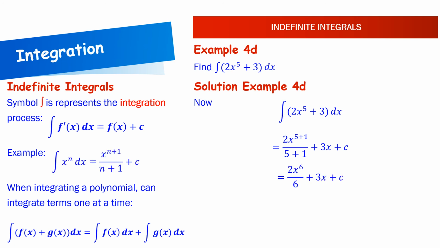And tidying up, and tidying up some more, gives us x to the power 6 divided by 3 plus 3x plus c.